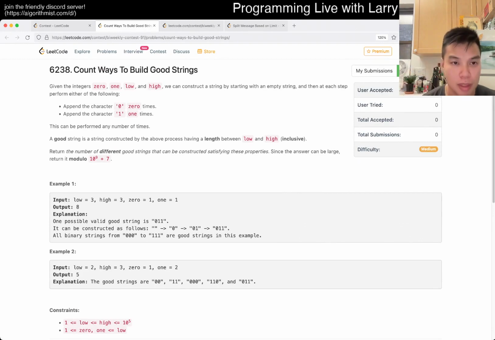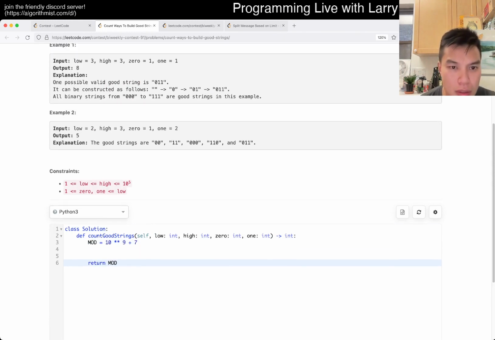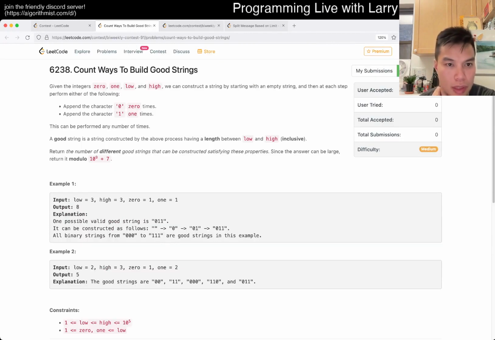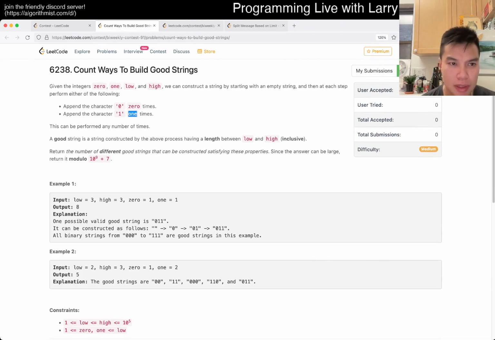I misunderstood that one actually. 0, 1, low, high. Between low and high. Okay, mod. Okay, let's see, what are we doing? It's a good string. Empty string.